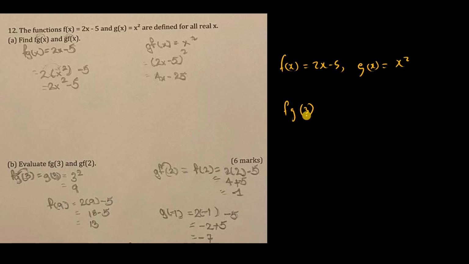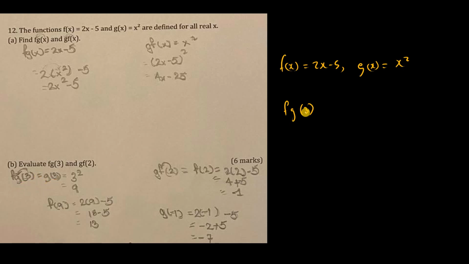So you can find g of 3 first. You have to be careful how you write this, because these two things are not equal. The equal sign shouldn't be there. F of 2 is not g of f of 2. And g of 3 here is not the same thing as f of g of 3. So if you're finding g of 3 first, you cannot put the equal sign there.